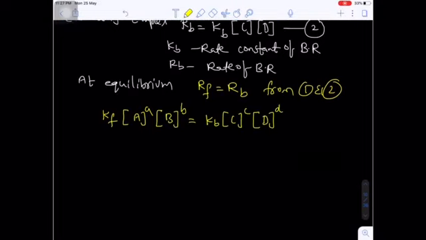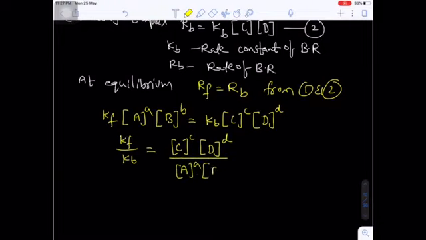Now from here, Kf by Kb is equal to C raised to the power small c, D raised to the power small d, whole divided by A raised to the power small a and B raised to the power small b. Are you getting my point?